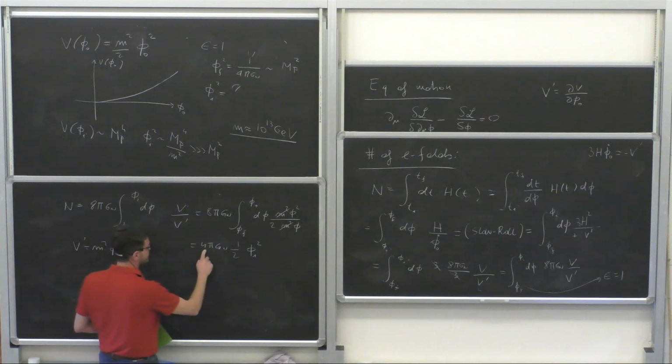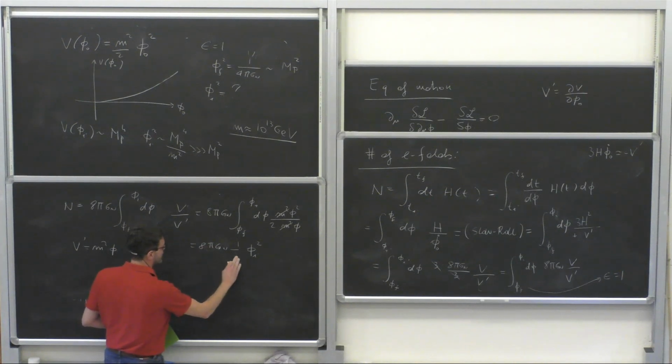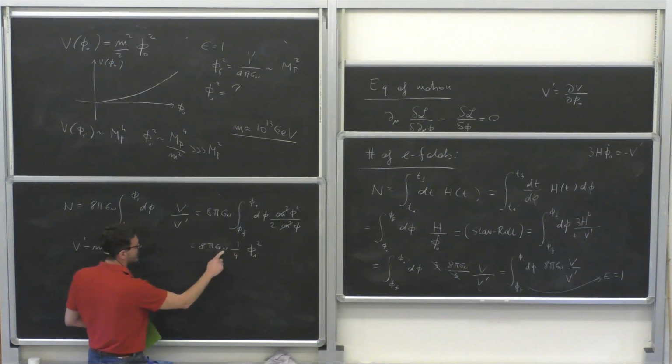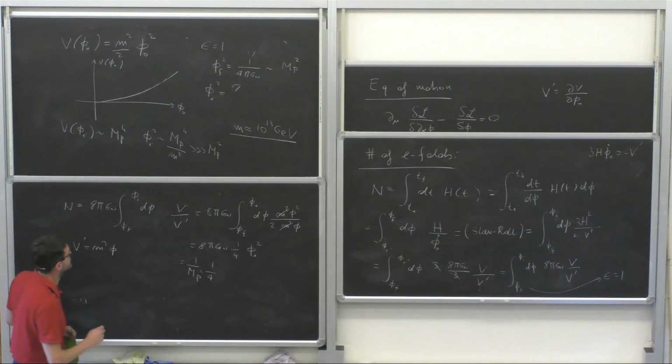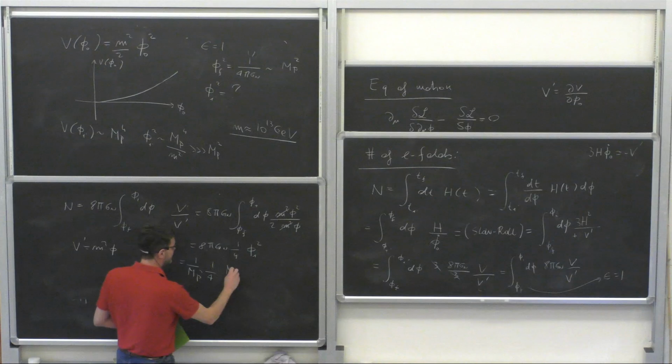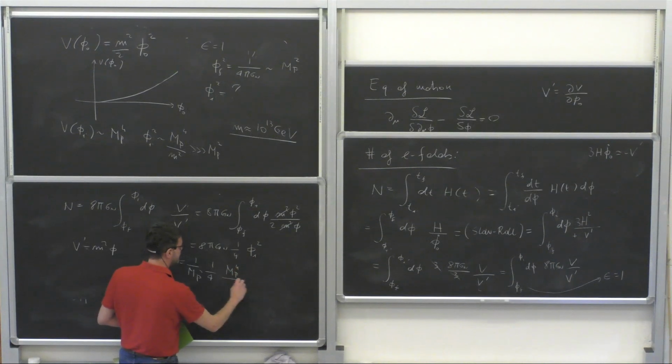So I multiply by 2, 8. So I get a 4 here. This is 1 over m Planck squared. Okay, apart from the factor of 4, which as we'll see is almost irrelevant, phi initial is m Planck to the 4 divided by m squared.